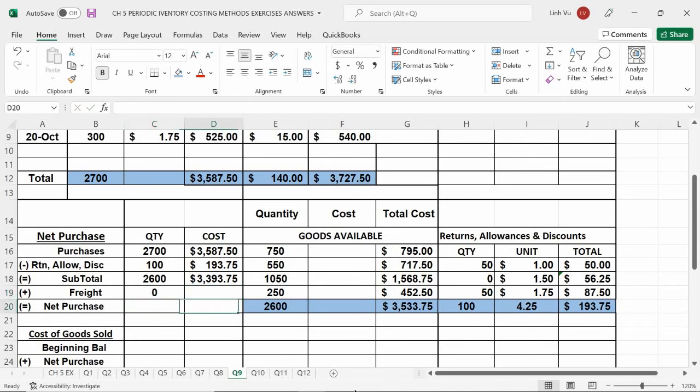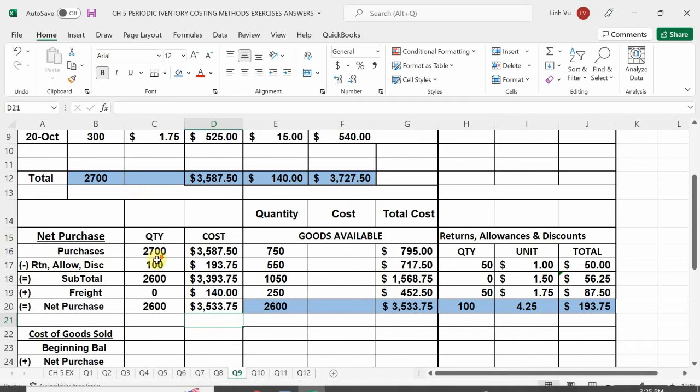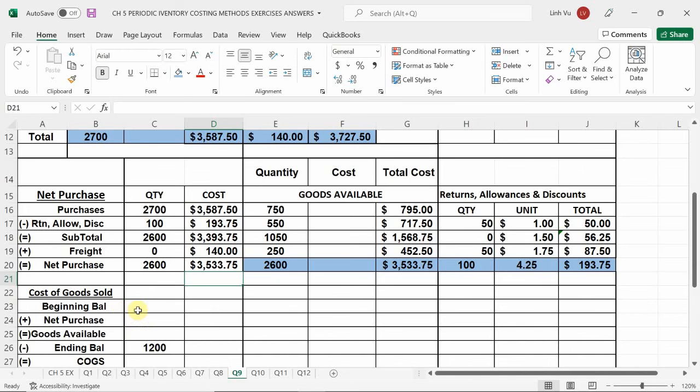We need to include our freight, which adds nothing to quantity, but it does add to my cost by $140. So in this case, my grand total is going to be $3,533.75, which again, because we don't have beginning inventory, my net purchases will become my goods available.